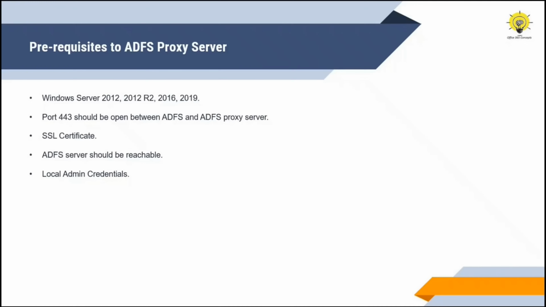You need an SSL certificate to install ADFS proxy service. You can use the same SSL certificate that you are already using on the ADFS servers. The ADFS server should be reachable from the machine on which you are planning to deploy ADFS proxy service. And you would require local administrator credentials of the server.